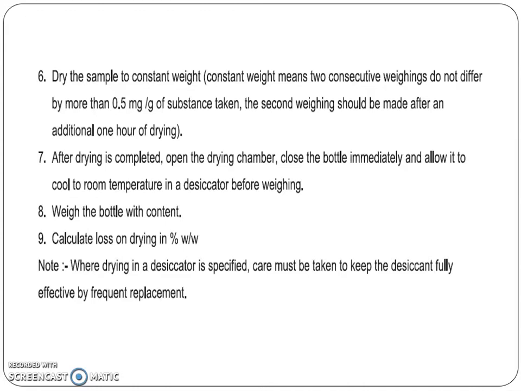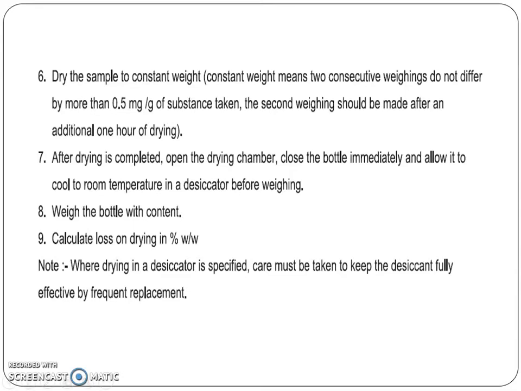Now after cooling, weigh the bottle with content and calculate loss on drying in percent weight by weight. Here we have to take care that when drying in a desiccator is specified, care must be taken to keep the desiccant fully effective by frequent replacement.